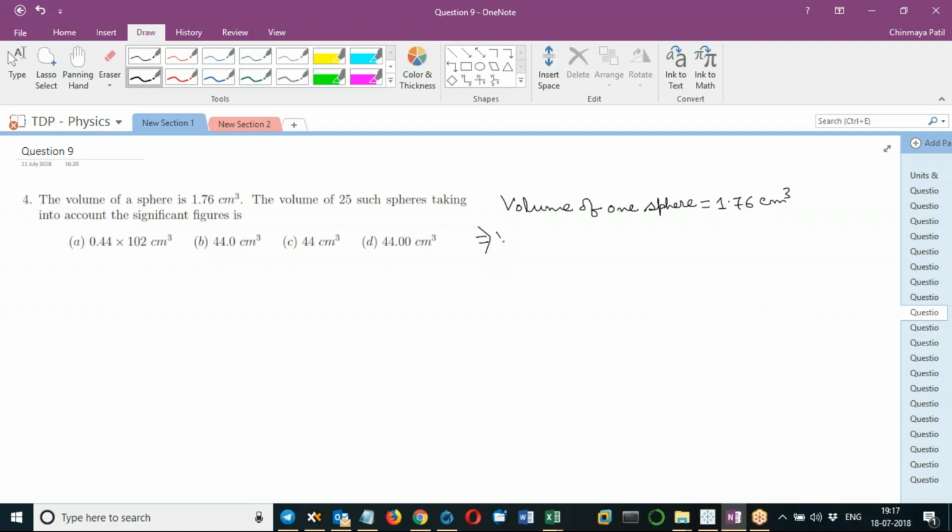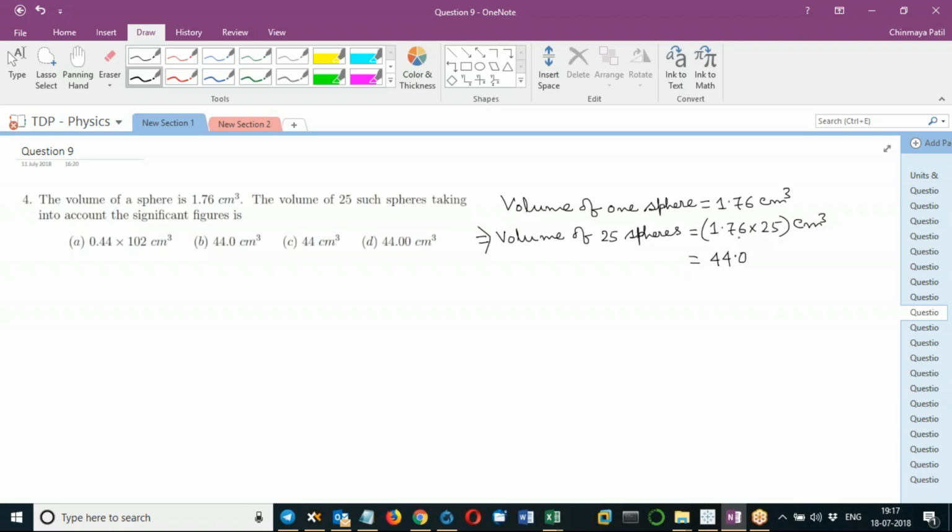So this implies volume of 25 such spheres is obviously 1.76 into 25 centimeter cube. So this will be equal to 44.0.